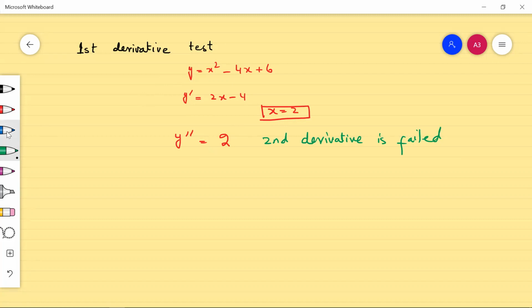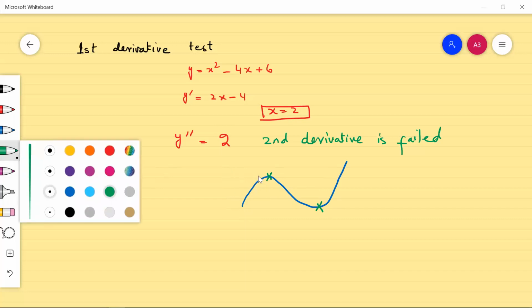So what is actually the first derivative test? First, just look at the graph. For example, we have a curve again. This is the first stationary point, and this is the second stationary point. If you look at this, before this stationary point, take a point slightly before, like if this is 3, then we look at 2.9 or 2.8 or 2.6.